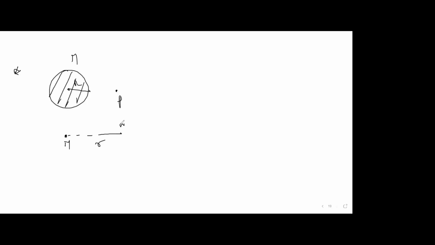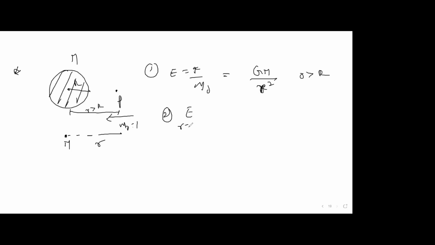If I imagine a unit point mass, the force on it is the gravitational field intensity, F by m naught, which is GM by r square, for r more than R. This is the gravitational field intensity because of a spherical distribution of mass at any outside point. On the surface, r is equal to R, substitute there, GM by R square.